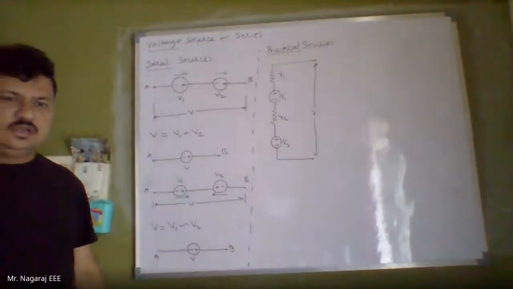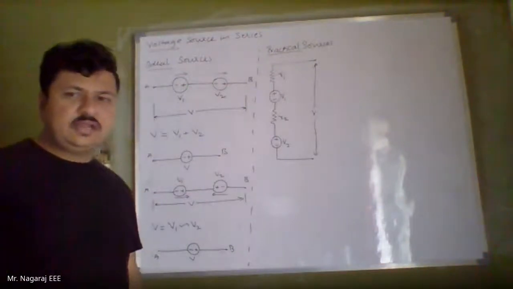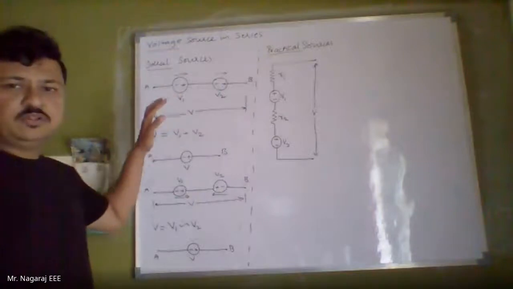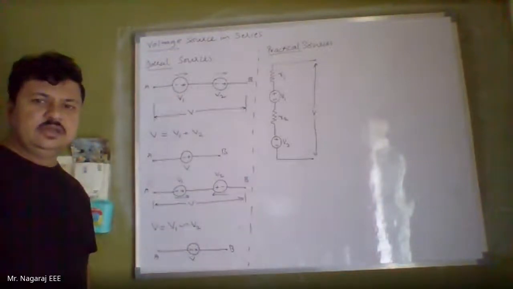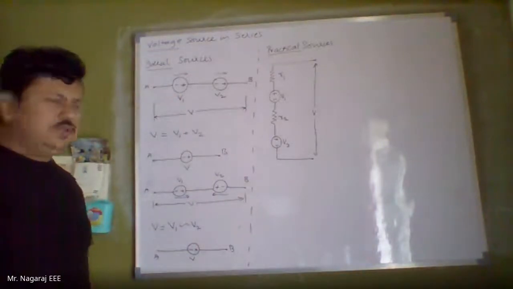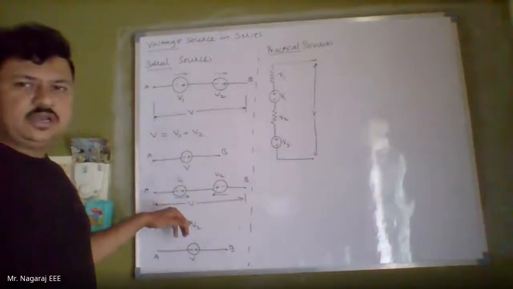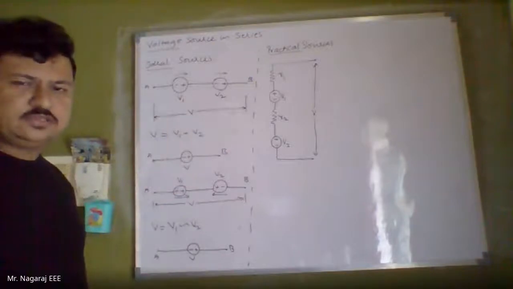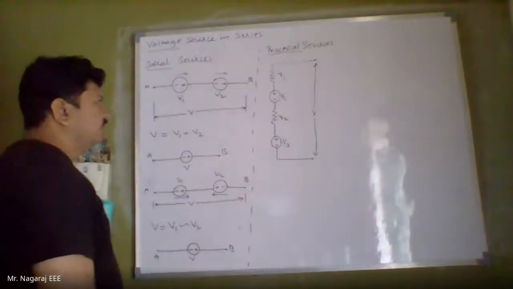Then if the polarities are such that they are aiding each other, or both the voltages are in the same direction, then I added up. If they are in opposite, then I took a subtraction of two values. Same thing I have to do here. There is no change.